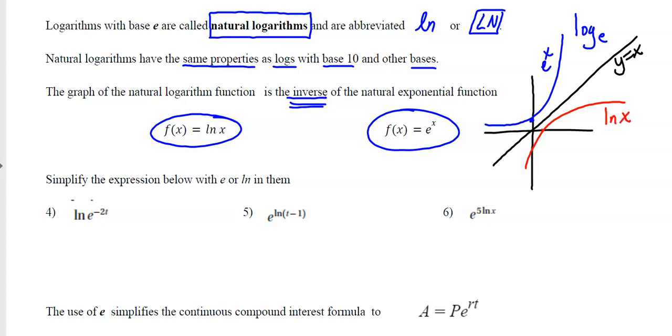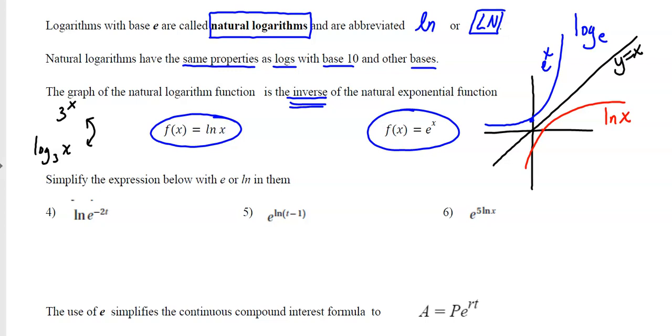So the big thing is they undo each other. Kind of like if I said 3 to the x power, and we were to graph that, and then we do log base 3 of x, those two are inverses of each other. It's very similar, but e and natural log undo each other.